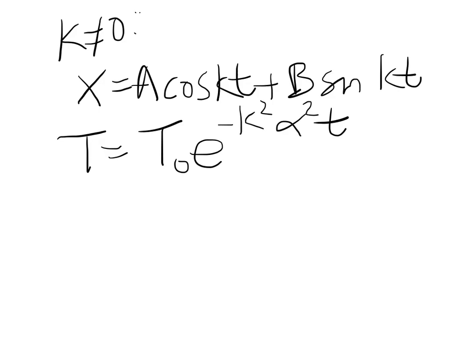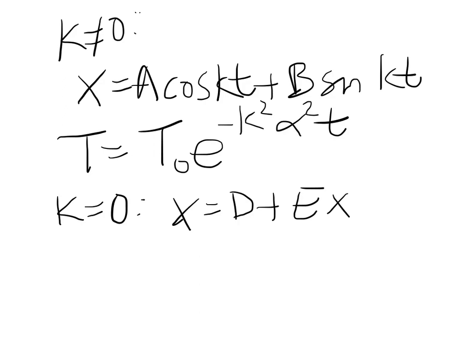For the k equals 0 case, however, we are looking at X double prime is equal to 0, so that means X is equal to, we can call it d plus ex, and for T, T prime equals 0, and that's just a constant, so we can just call it c. So T equals c. Those are two scenarios for k not equal to 0 and k equals 0.